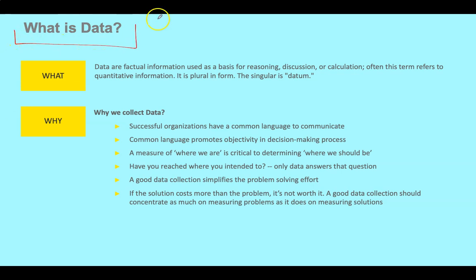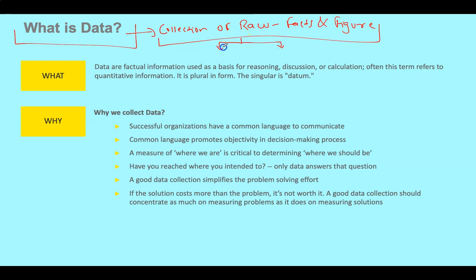When I say data, first of all we should understand data is nothing but a collection of raw facts and figures. Your collection of raw facts and figures can be gathered from any source.